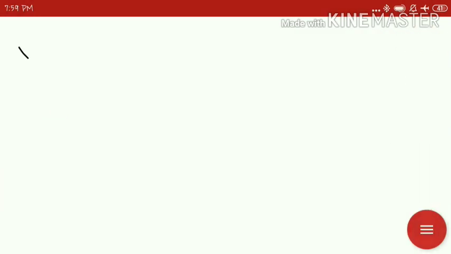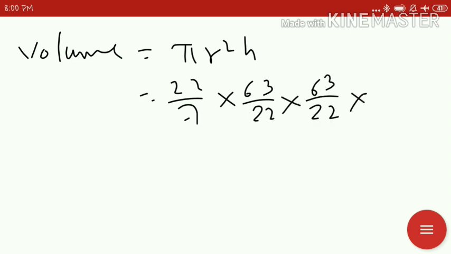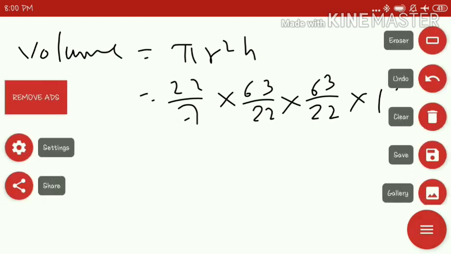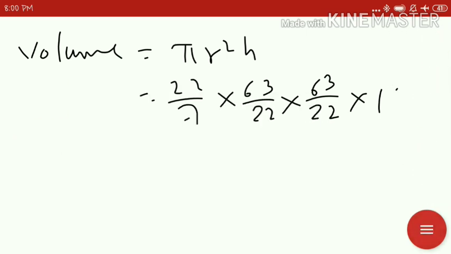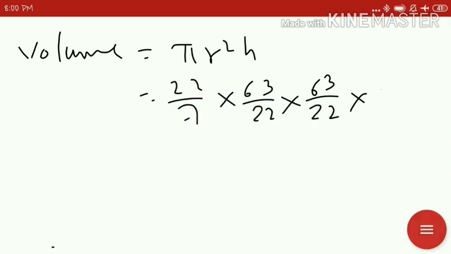So the volume of the cylinder so formed when it is rolled along the breadth, that is pi r square h. So put the values accordingly. So 63 by 22 into 63 by 22, and now height will be 13.